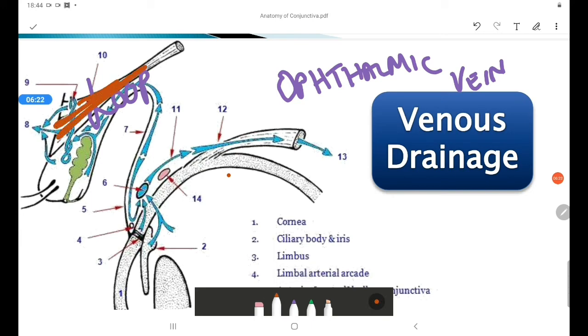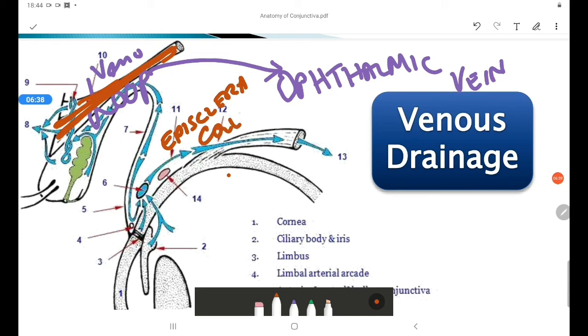This is levator palpebrae superioris. There is a venous loop here that drains into the ophthalmic vein, and here there is an episcleral collector channel that also drains into the ophthalmic vein.